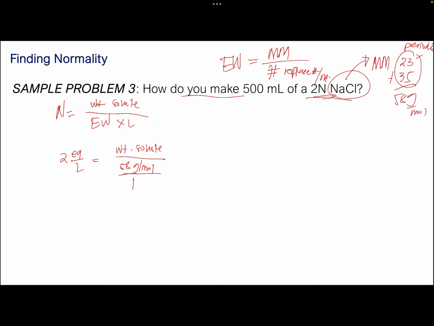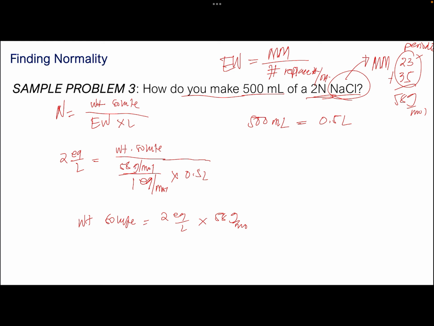Divide 1, since NaCl has only one replaceable. Times the liter, how much? 500. So 500 ml convert to liter, this is 0.5 liters. So weight of solute is equals to 2 equivalents per liter times 58 gram per mole. Let us simplify this.